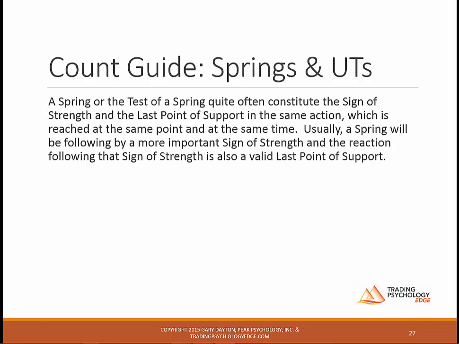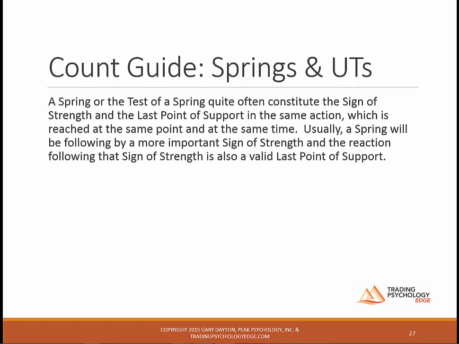Usually a spring, and this is the same for an up thrust, okay? So a spring or an up thrust, and the test of a spring or a test of an up thrust will constitute, in the case of a spring, a sign of strength and last point of support. In the case of an up thrust, a sign of weakness and the last point of supply in the same action, reached at the same point and the same time.